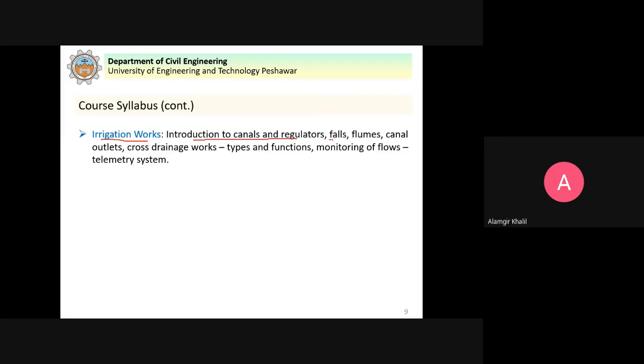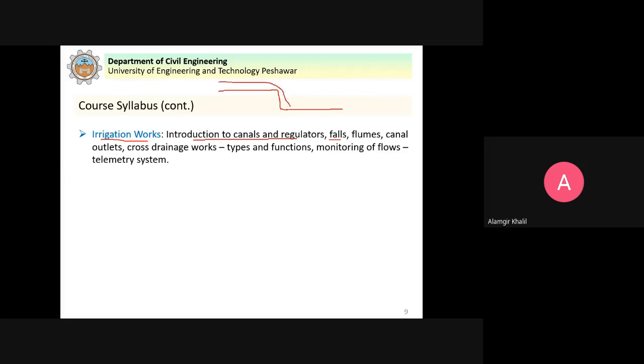We will study about the canal falls. For example, if we have this canal longitudinal section here, but the natural topography is such that the ground surface is here, how do we provide a transition for the flow of water? For this purpose, we can provide different structures that you might have studied in irrigation engineering also.